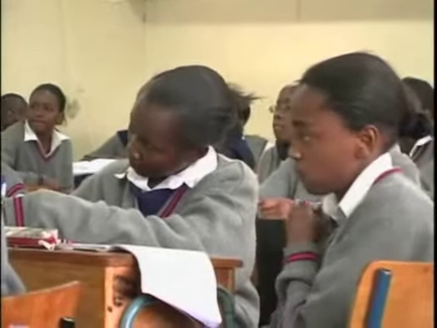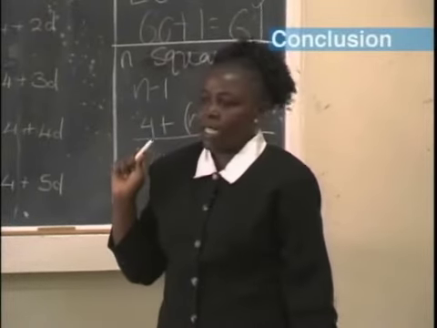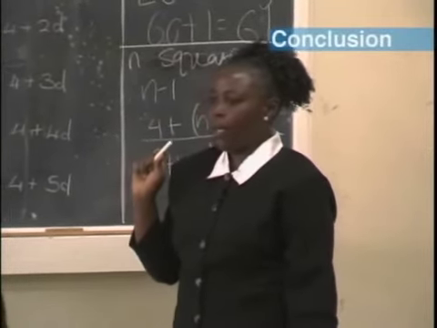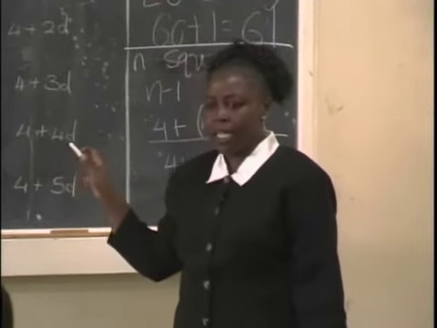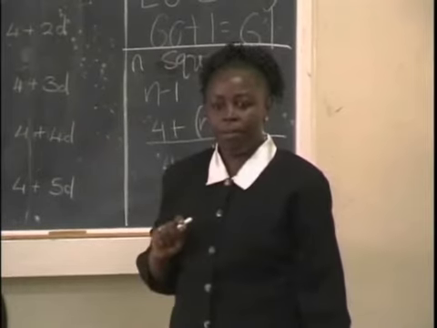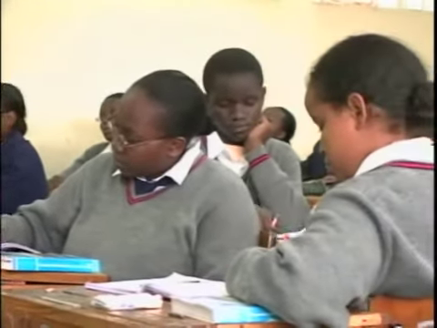Now, what do you realize? When we are getting the nth term, okay? We have 4 plus, isn't it? What is 4? The first term, isn't it? Yes. And d is what? D is the constant, okay?